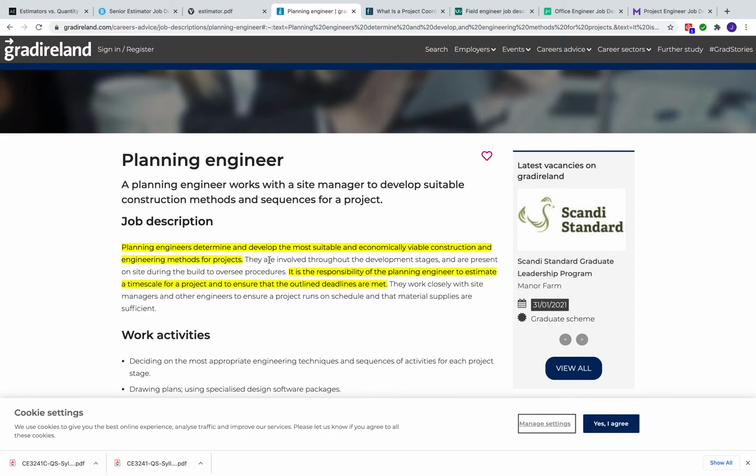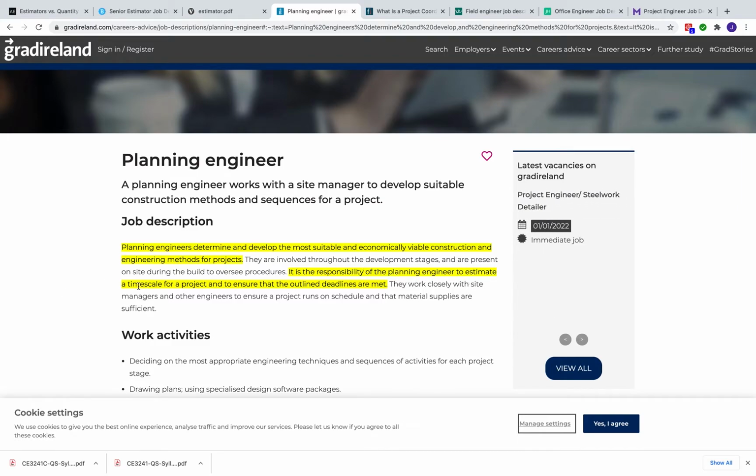Okay, and it is also the responsibility of the planning engineer to estimate a time scale for a project and to ensure that the outlined deadlines are being met. So that is the role of a planning engineer. So sinisigurado niya na yung time scale is nasusundan and na-follow yung mga deadlines.